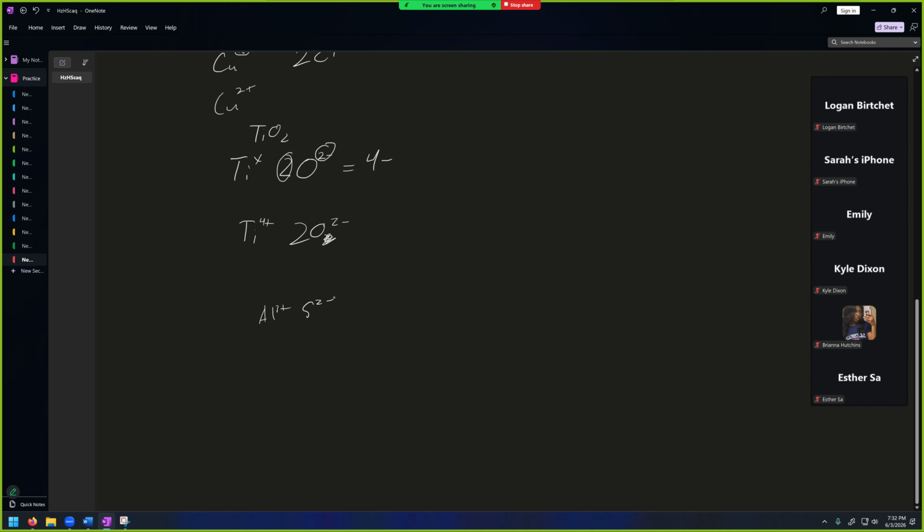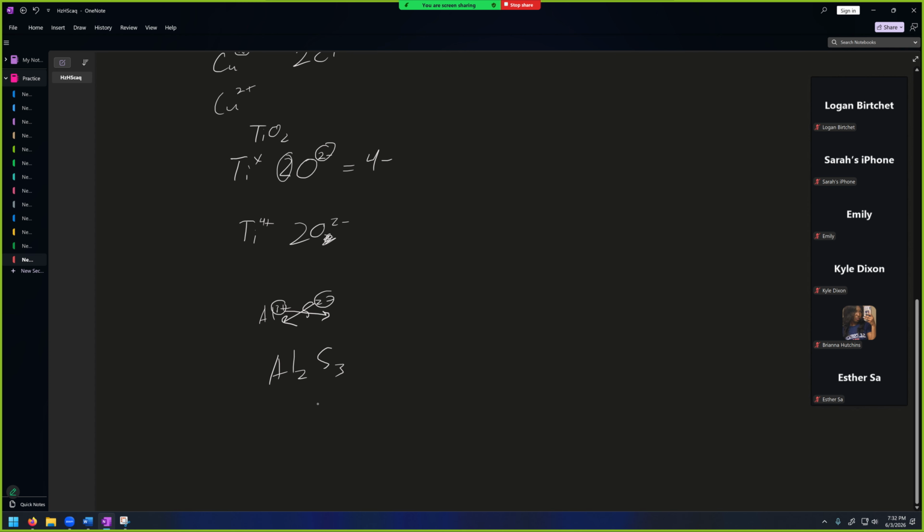The reason I needed to determine what their charges are is because that's going to tell me how many of each element I need to create a neutral compound. We can try that swapping trick, and that's usually a pretty quick way to arrive at our answer, Al2S3.